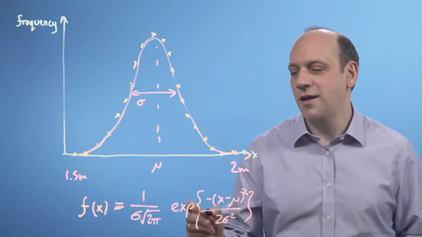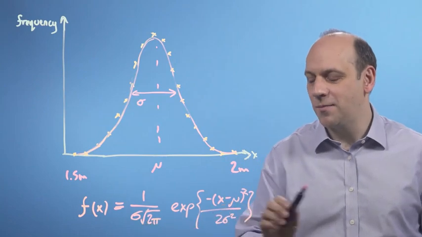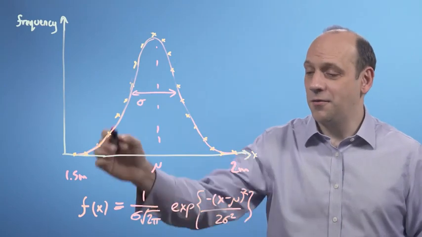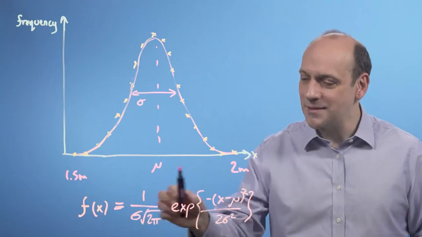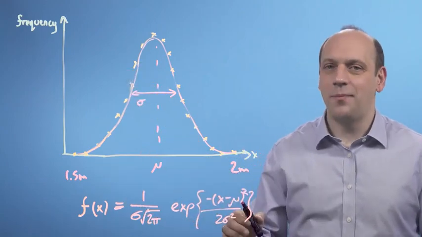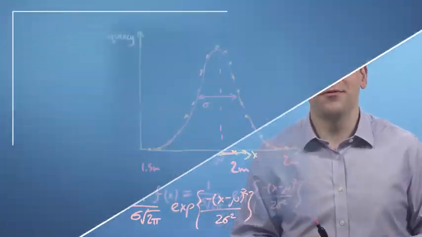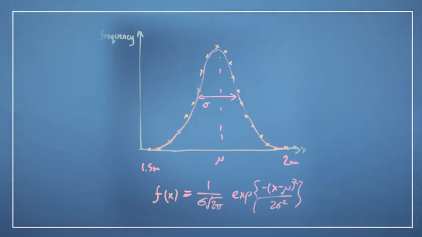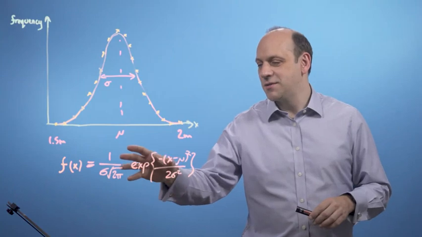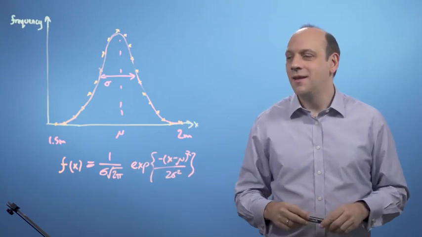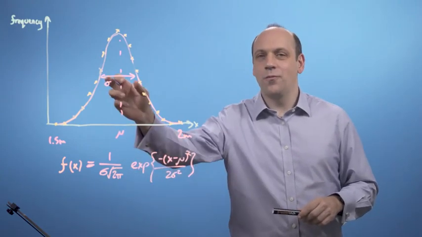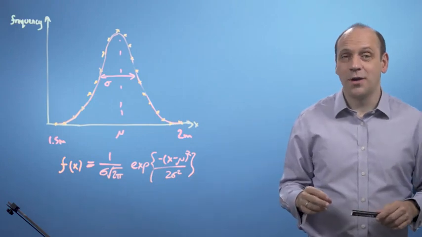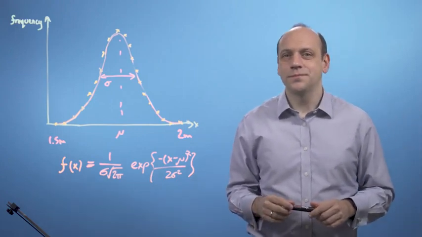So this equation only has two parameters, sigma here and mu, and it looks like this. And it has an area here of 1 because there's only 100% of people in the population as a whole. Now don't worry too much about the form of the equation. This is called the normal or Gaussian distribution, and it's got a centre at mu and a width of sigma. And it's normalised so that its area is 1.